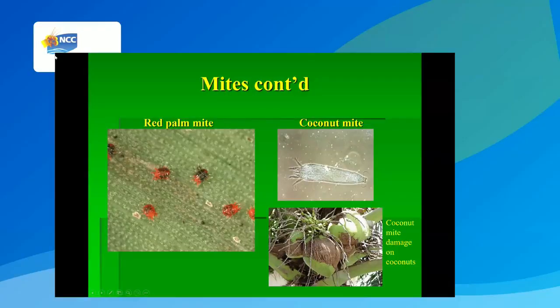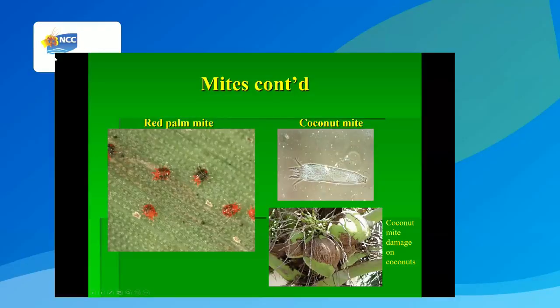Another species is, and most Bajans would be familiar with these, people who grow your own coconuts, or you see the coconuts on the side of the road if you go to purchase your coconut water. You see that brown scarring on the nut, and that's caused by an almost microscopic mite. And you see it in the top right-hand photo.